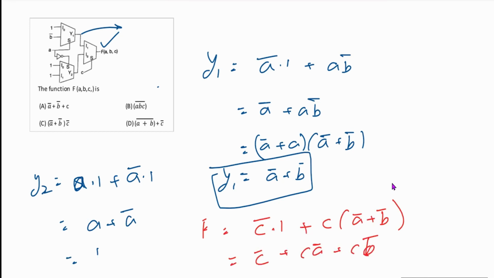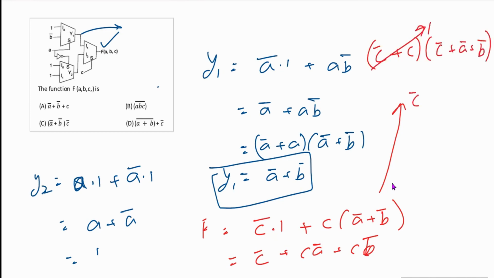I can solve it in this way also: (c bar plus c) and (c bar plus a bar plus b bar). Okay, c bar plus c is 1, so my answer will be c bar plus a bar plus b bar. If I take this bar common, this will be (c into a into b) whole bar. This is there in option number B. So option number B is the correct one.